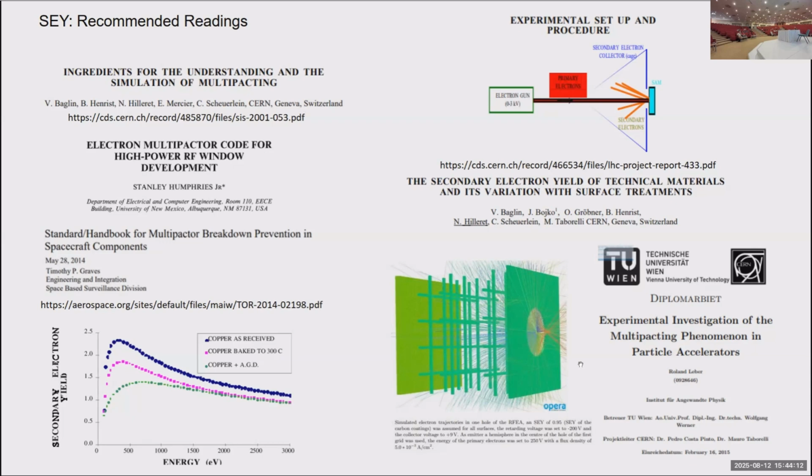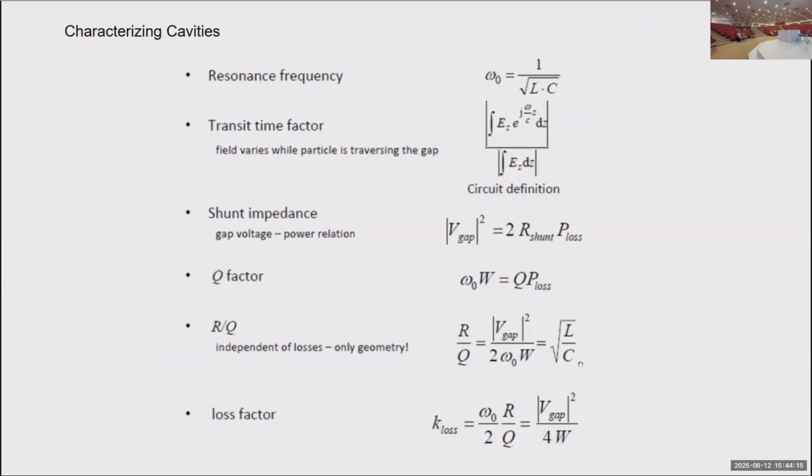It's the code. And if you characterize a cavity, then you have to make some calculation. You have to know about some of the units or figures of merit. The transit time factor has already been discussed. And the shunt impedance: the higher the shunt impedance, the higher the power stored, and R/Q is only related to the geometry.